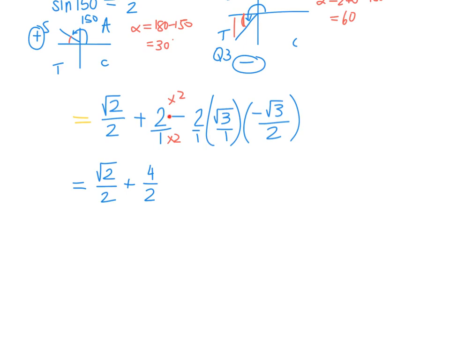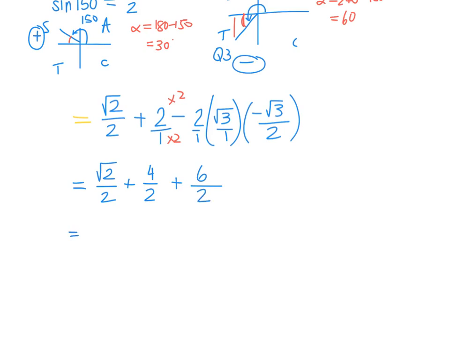And I do notice I have a negative here and a negative here, so it will turn into addition. And now for my numerator, I'm doing 2 times root 3 times root 3. Root 3 times root 3 is root 9, which is just a whole number of 3, and that will get multiplied by 2 to get 6. And for my denominator, I'm doing 1 times 2, which is 2.